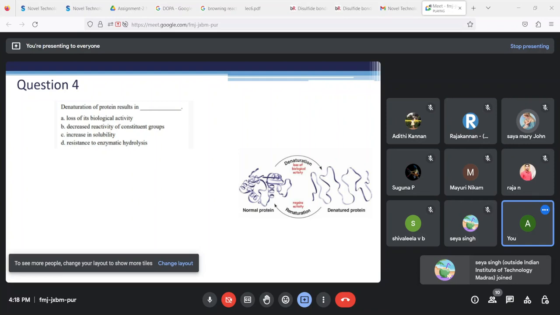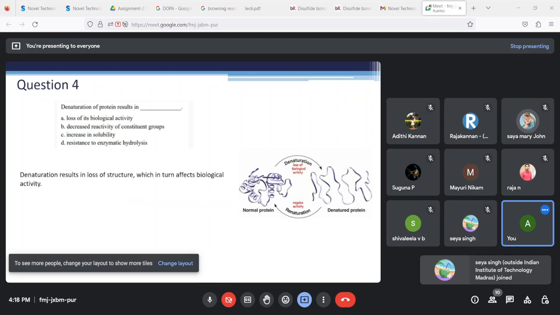So the same thing, when a protein has a very well defined structure, certain regions are not accessible for the enzyme to come and act. The moment you denature the protein and everything is now exposed to the solvent, the enzymes can now easily attack the protein because now they can capture the region where they can cleave.